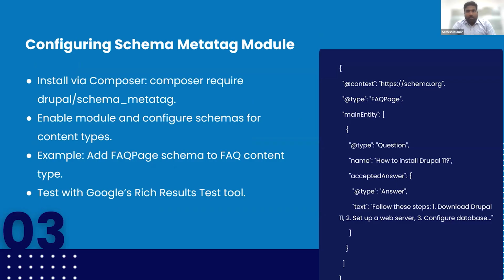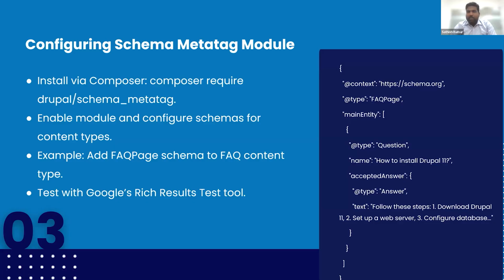So configuring, if you look at this, it's again a technical format. This is how the FAQ page content should be shared to these tools: a main entity, like what kind of question, like how to install Drupal 11, and the answer. This is how the structured data format will look.